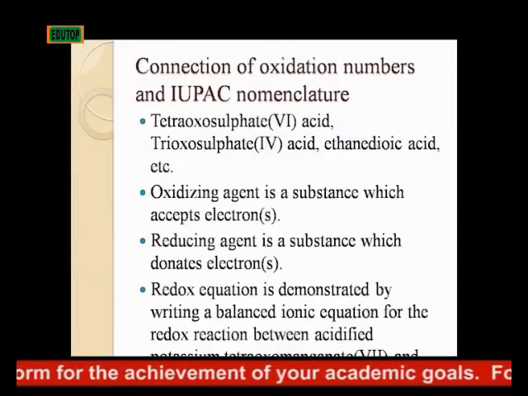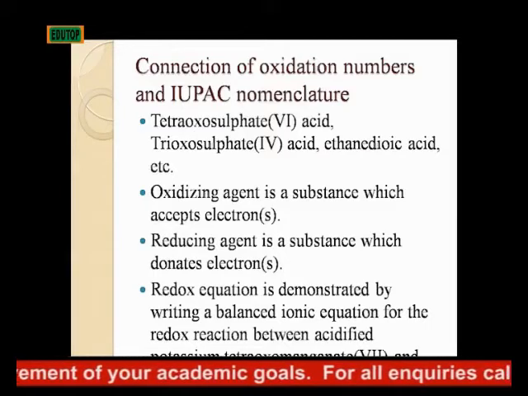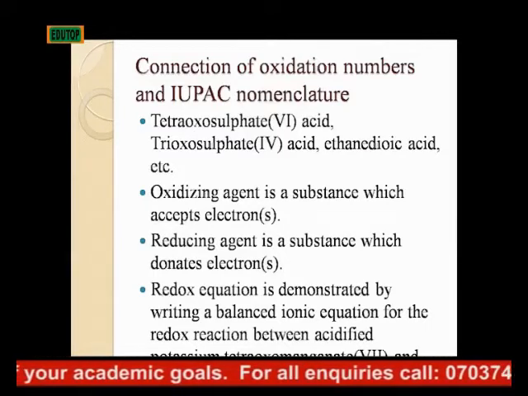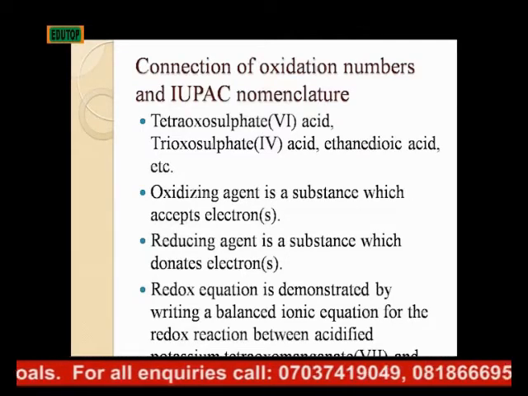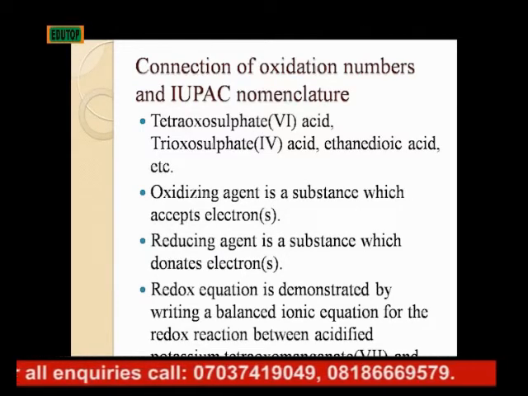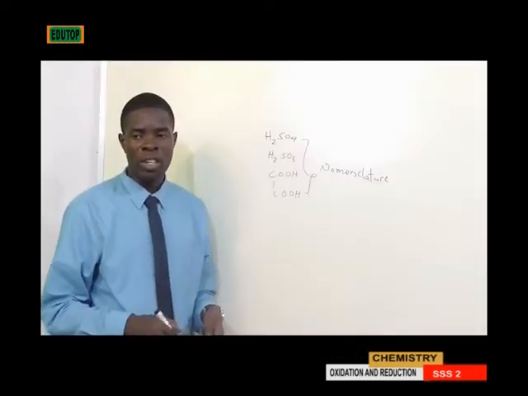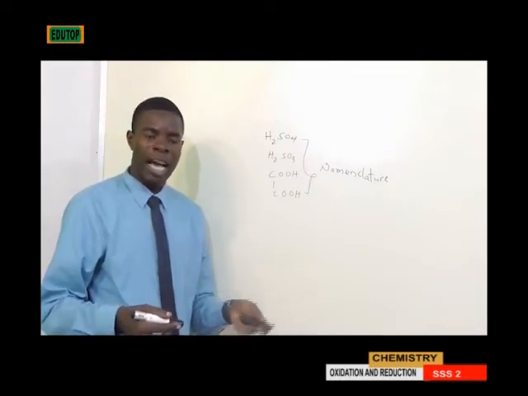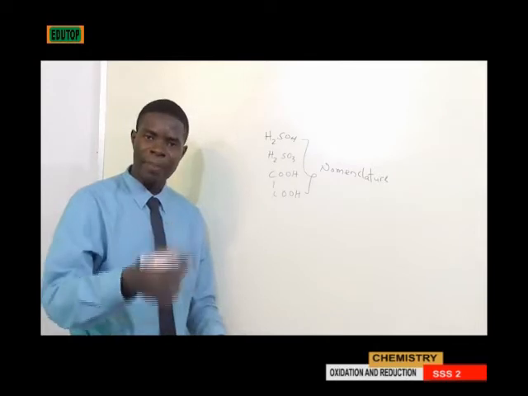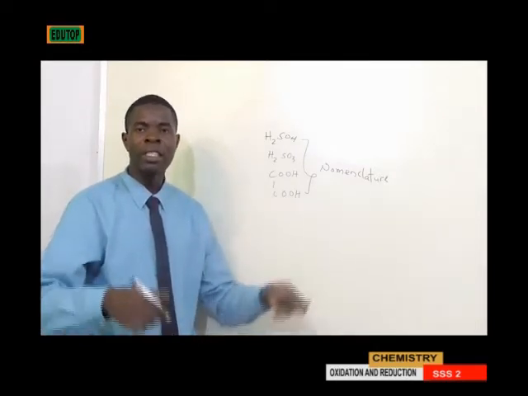What is an oxidizing agent? An oxidizing agent is a substance which gains electrons, it pulls electrons to itself. Reducing agent. A reducing agent is a substance that donates electrons. Redox equation. The redox equation is the equation that involves a particular atom exhibiting oxidation and another exhibiting reduction.